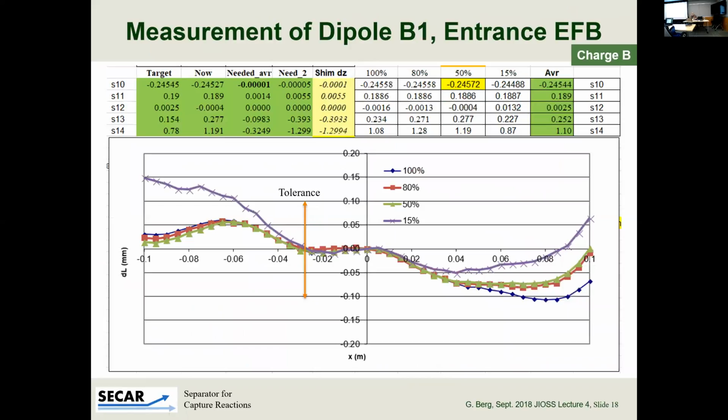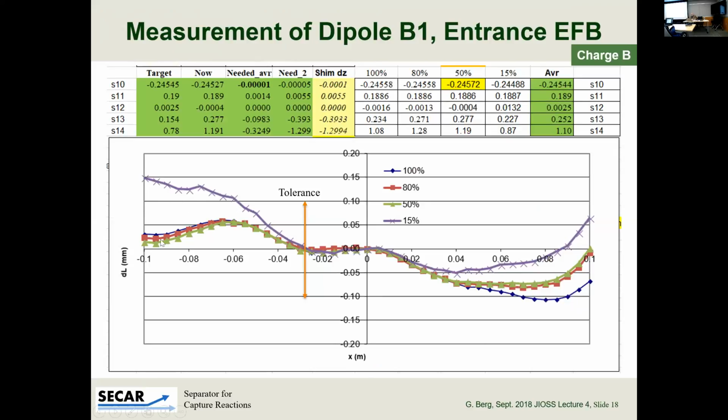Then he came with a measurement, and the measurement is slightly different for many, many reasons. You actually see that at 15% excitation, so it depends, of course, on how strongly you excite the dipole. We specified it in the range from 15% to 100%.